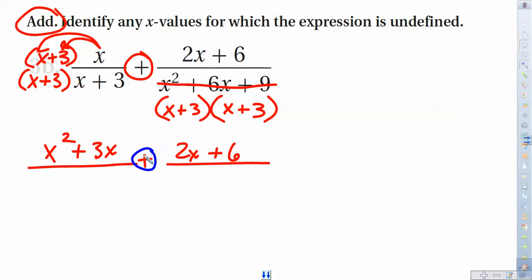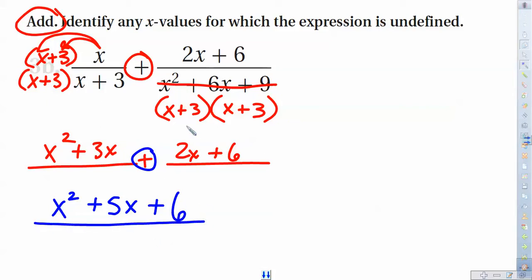So if I need to add these together, x squared, okay, so let's just call this x squared, and then the 3x and the 2x, that makes 5x, and then plus 6. Now, understand I still have that denominator here underneath of that. Remember, I'm just skipping through writing it.